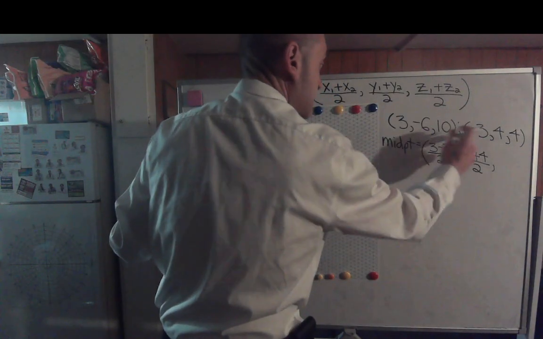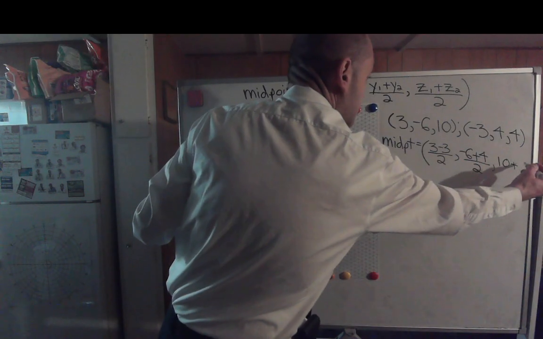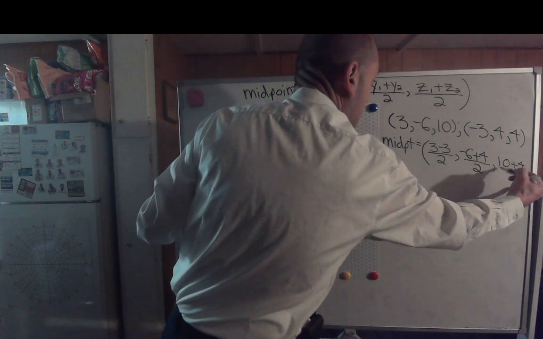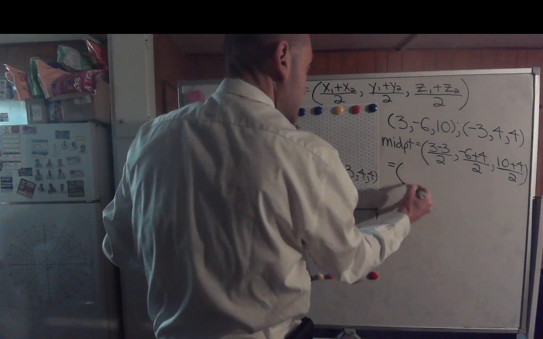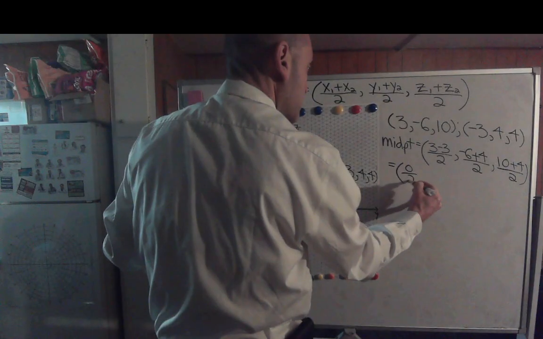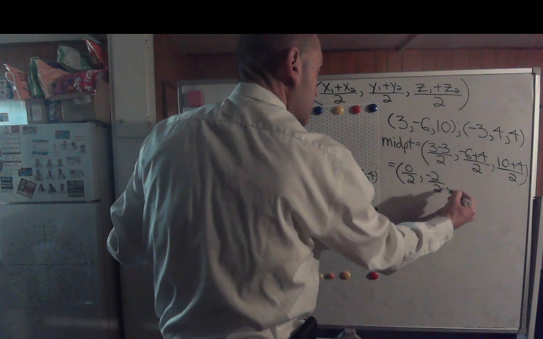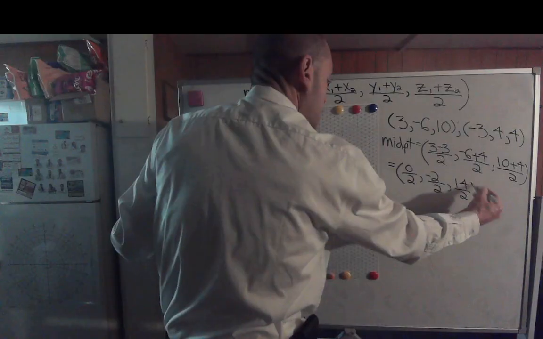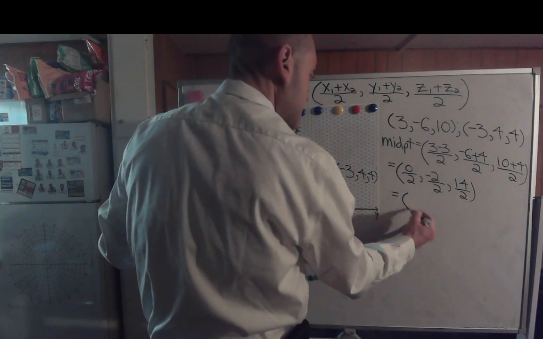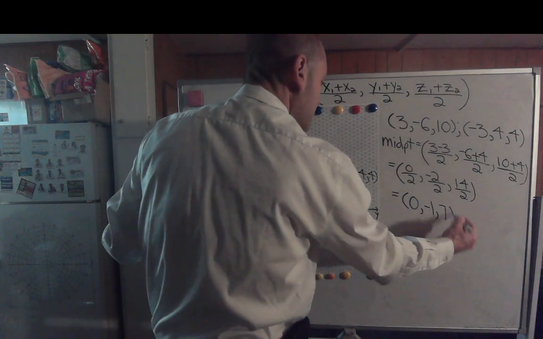And then z sub 1 is 10 plus z sub 2 is 4, all over 2. Well, this would simplify into 0 over 2, negative 2 over 2, and then 14 over 2. So the coordinates of the midpoint itself should be 0, negative 1, 7.